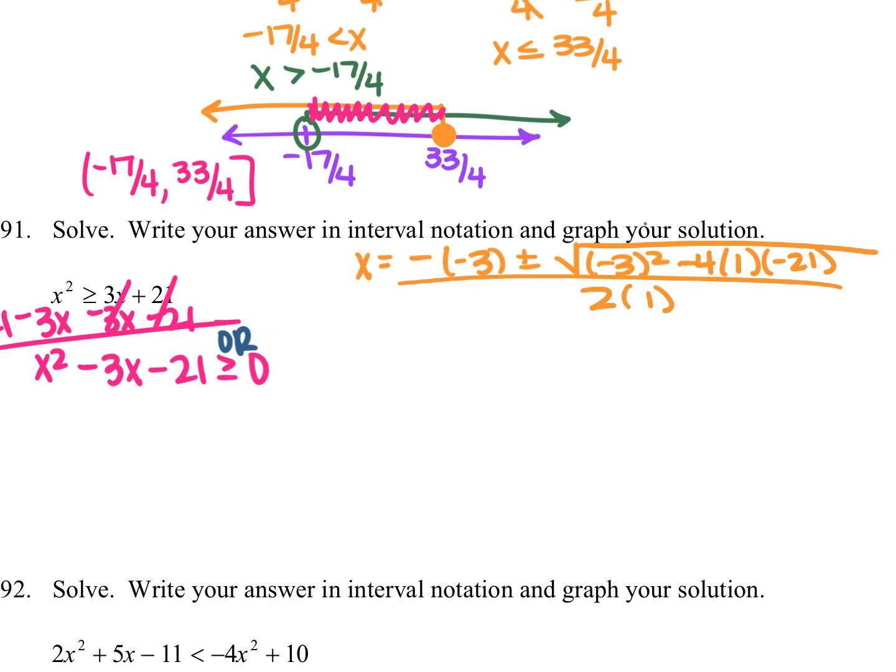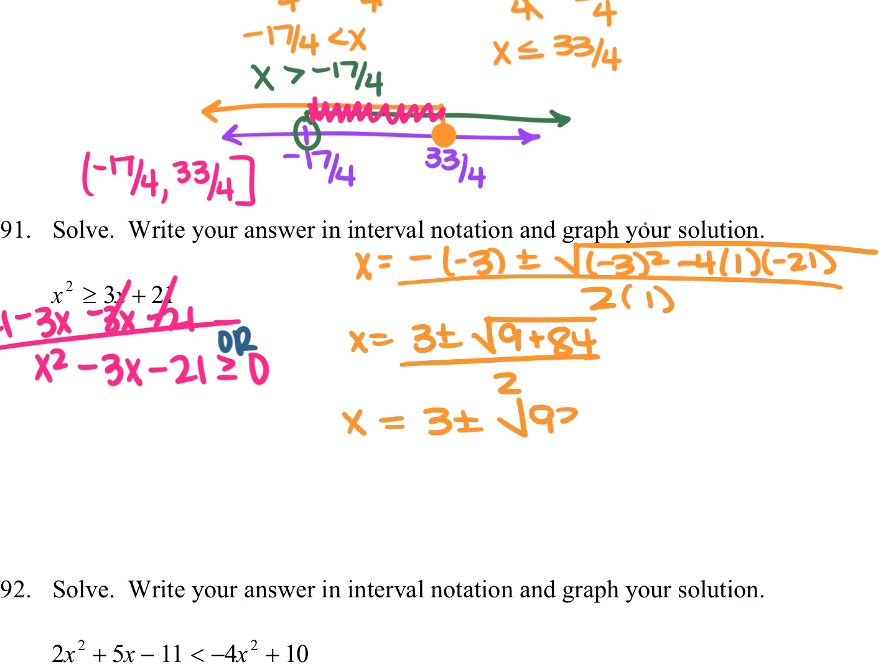So this gives us 3 plus or minus the square root of 9 plus 21 times 4 is 84, all over 2. So that is x is equal to 3 plus or minus the square root of 93 all over 2. 93 is 3 and 31. That's not going to factor out any further, so you're going to leave it in this form.